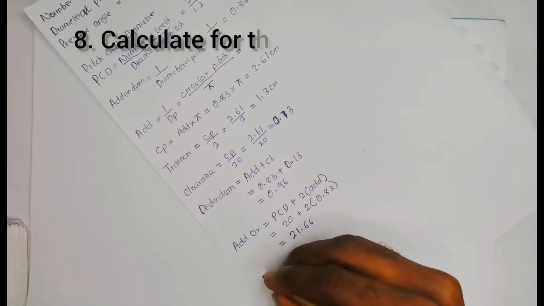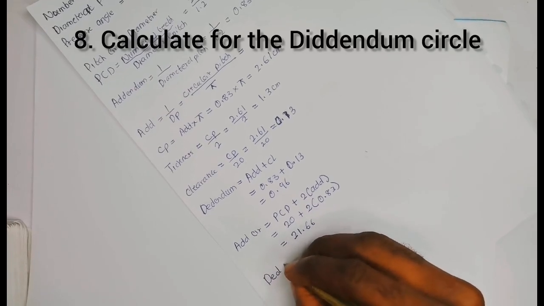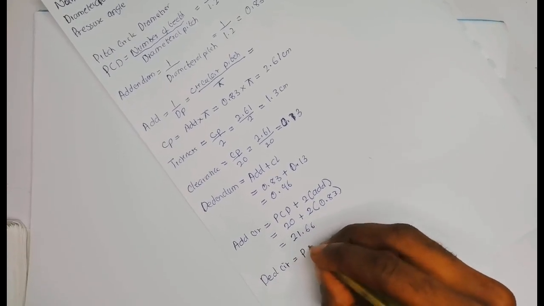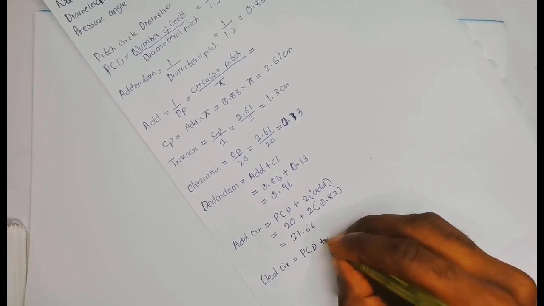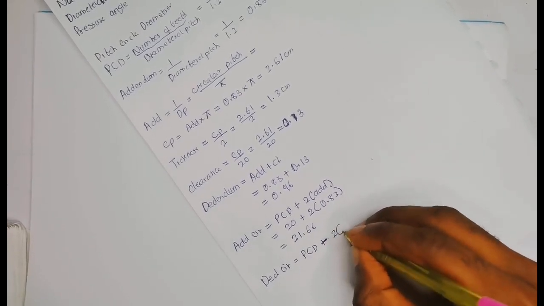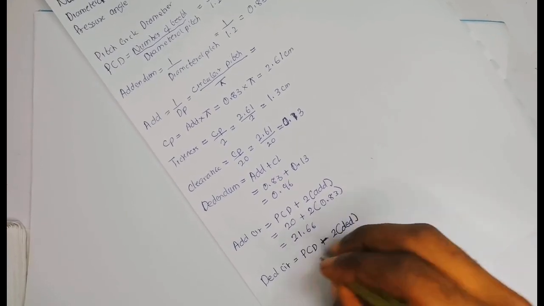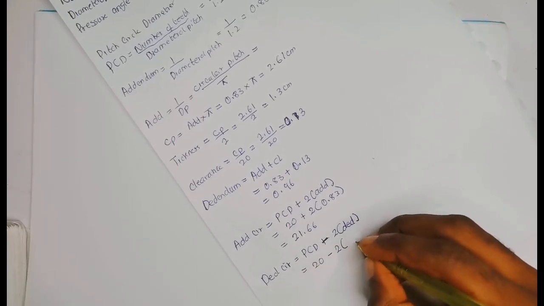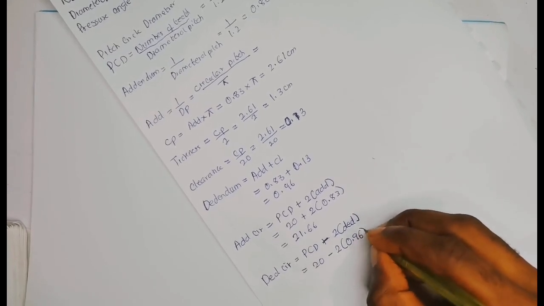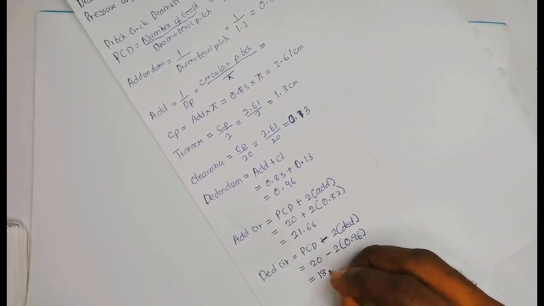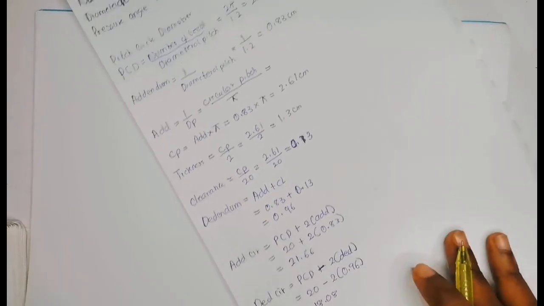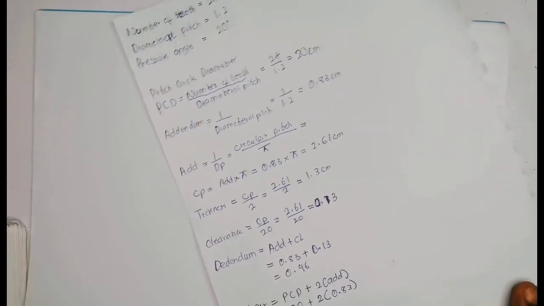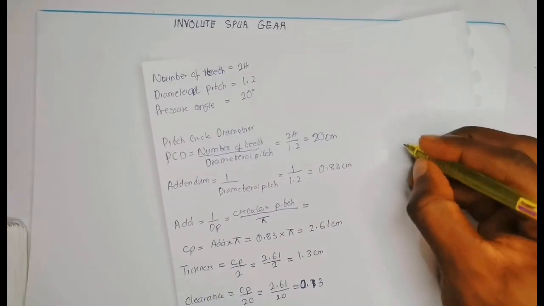Also, we calculate for the dedendum circle, which is PCD minus 2 times our dedendum. 20 minus 2 times 0.96 is 18.08.